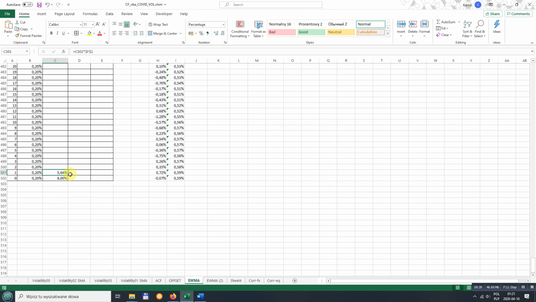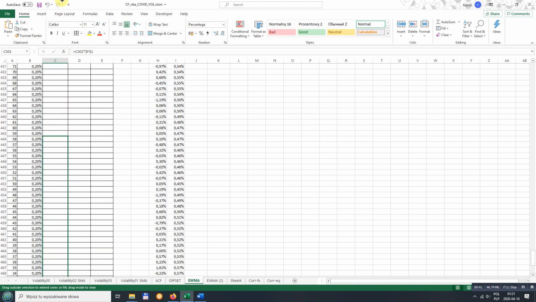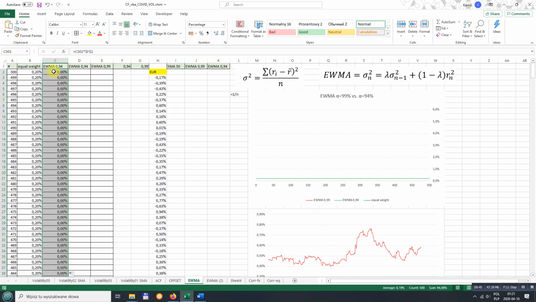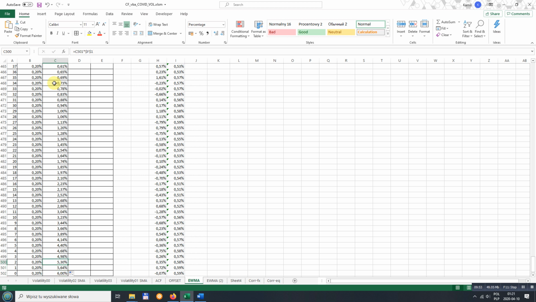Of course, as you may already see, the better way to calculate the weights would be just to use the formula. If I know that the first weight is 1 minus lambda and each subsequent one is the newest observation's weight times the lambda coefficient, hence I can use this general formula.